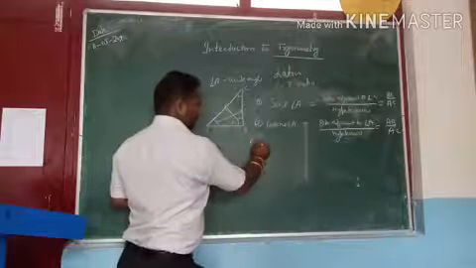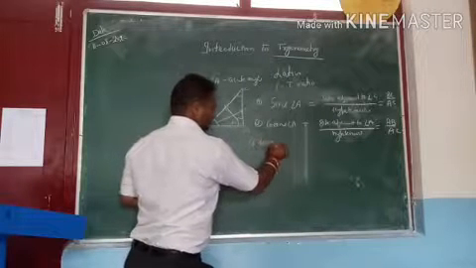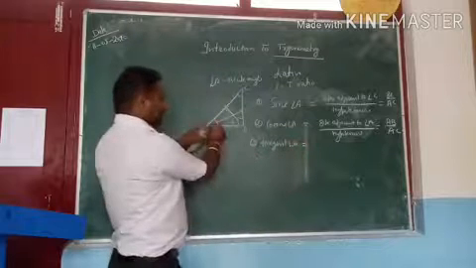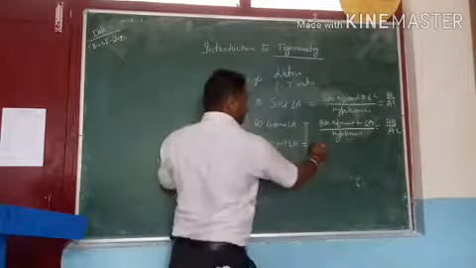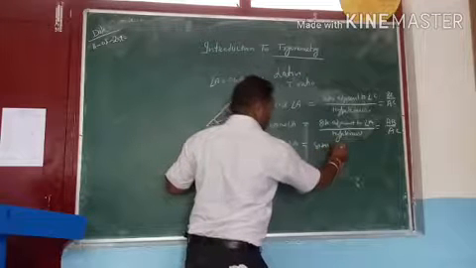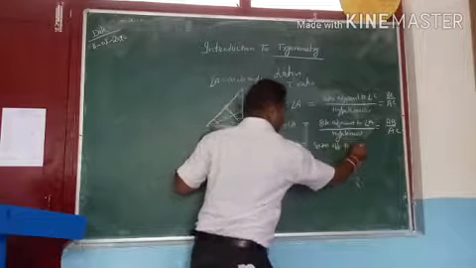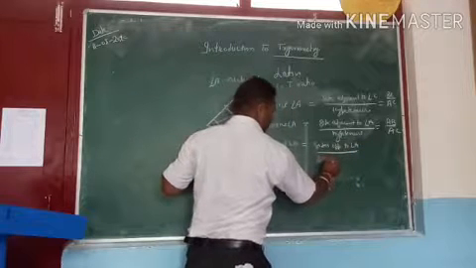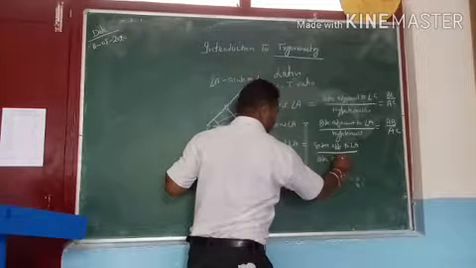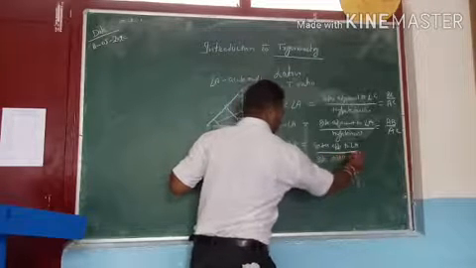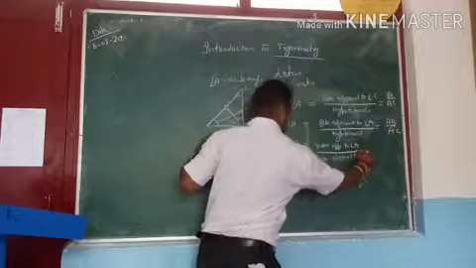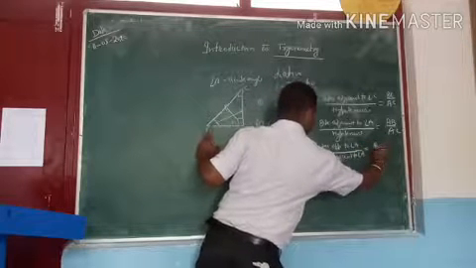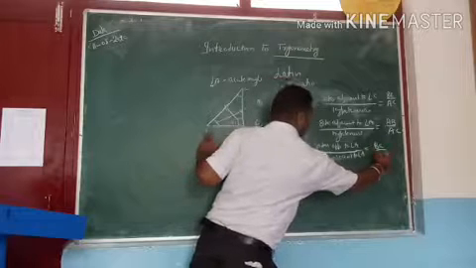Then the third ratio is tangent of angle A. Tangent A is the side opposite to angle A upon the side adjacent to angle A, that is BC upon AB.